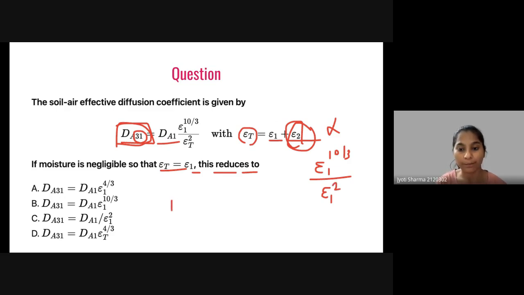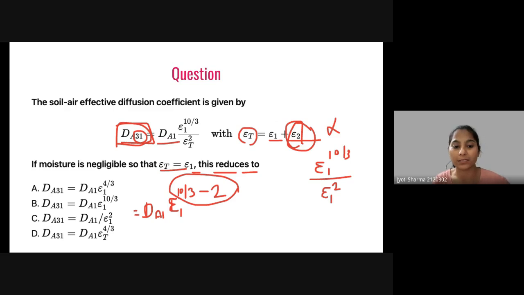So this will be epsilon 1 raised to power 10/3 minus 2, right? And then Da1 is equal to Da31, so you just need to calculate this part, and that will give you the answer.